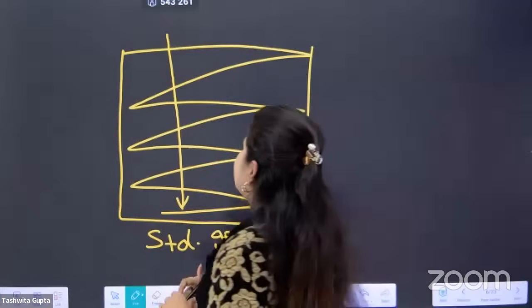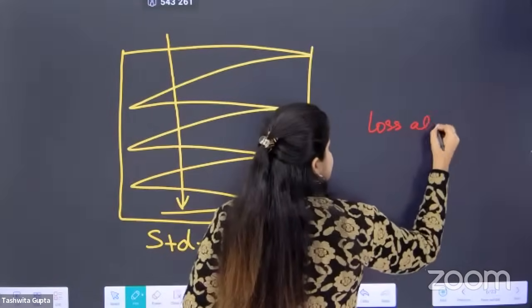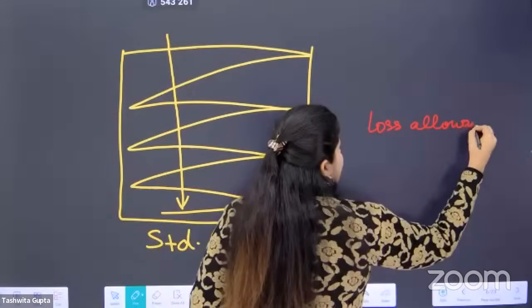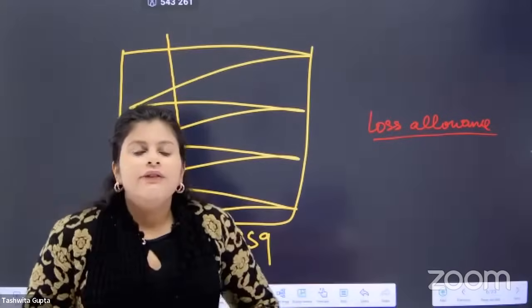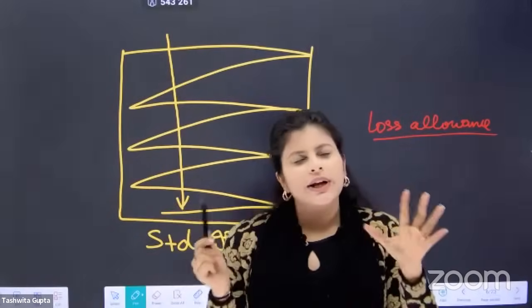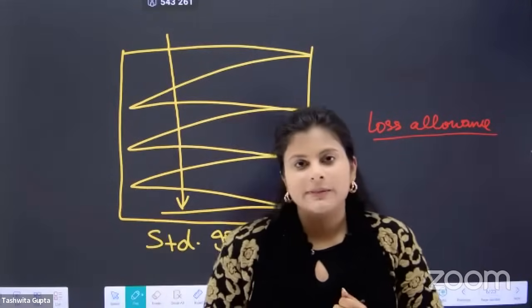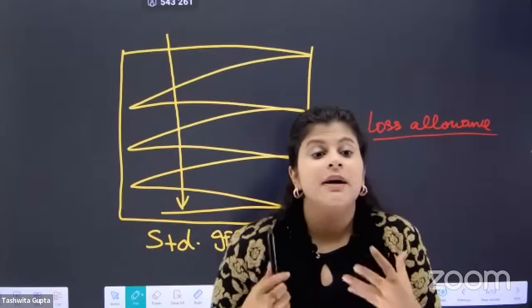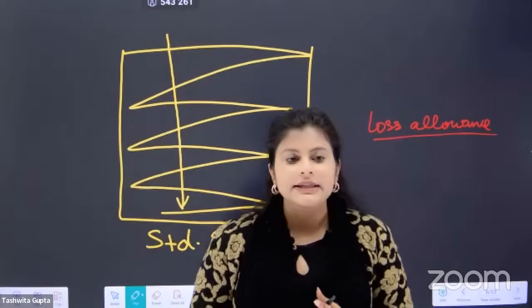So if the examiner in the paper talks about loss allowance, I would be able to talk about this loss allowance. If he talks about impairment of financial assets, I'll refer to loss allowance. I'll know that there are 2 types of loss allowance, 12-month expected loss allowance and lifetime expected loss allowance. So I would be writing something, and that is what matters, right?